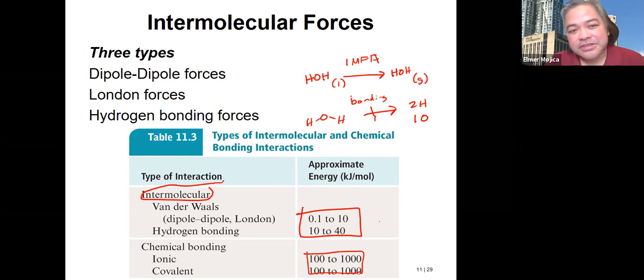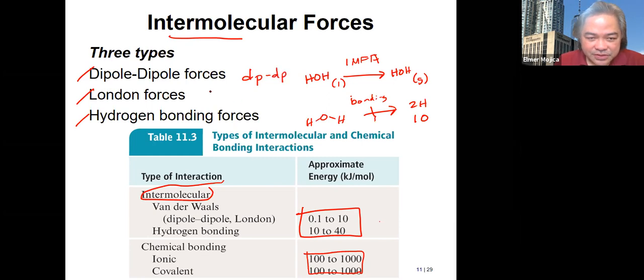So what we're going to discuss today is what are these intermolecular forces of attraction? We have three here: the dipole-dipole forces, the London forces, and the hydrogen bonding. Usually I do it like this, and this one like this, and this one like this.